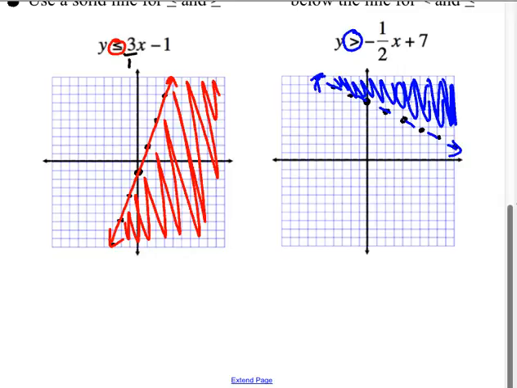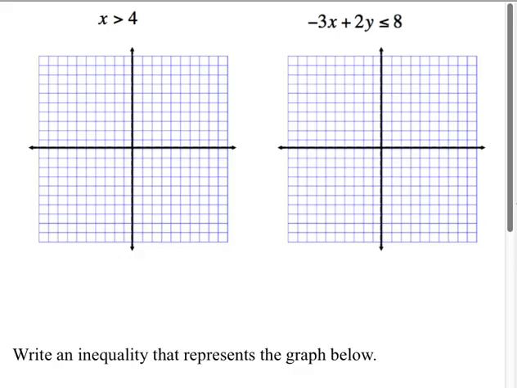All right, so now let's take a look at some more unique examples. For example, this one, x is greater than 4. So it is important that you remember your special case lines. Remember, x is always going to make a vertical line. So vertical line, strictly greater than means it's going to be dashed.